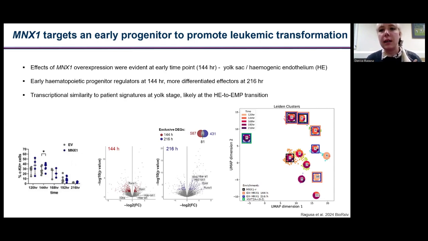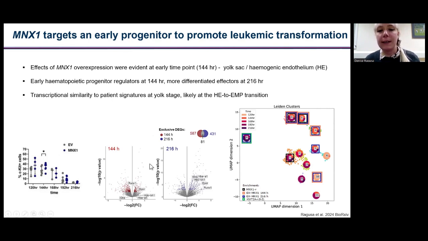This is the time when from the yolk sac, we move into the hemogenic endothelium and we start seeing the first hematopoietic cell types arising. So it's a very early progenitor. And we see an expansion of c-KIT positive cells, again, a marker of hemogenic endothelium.